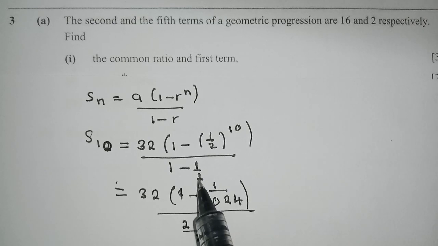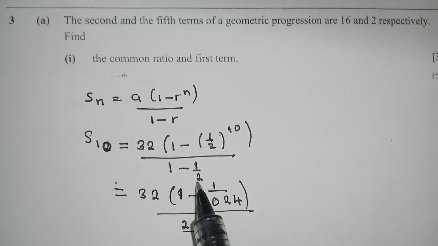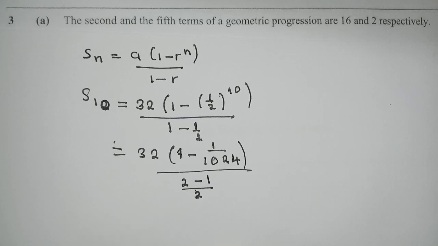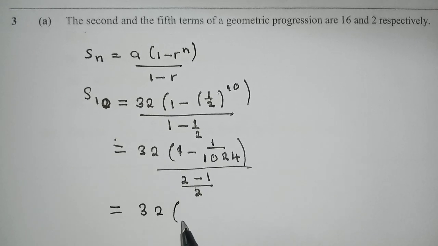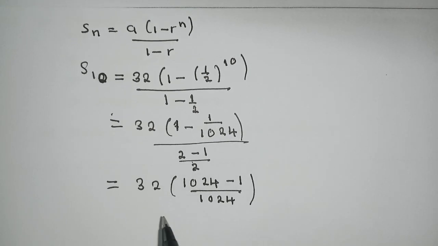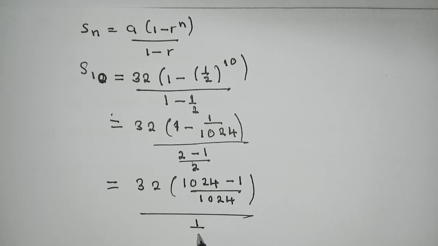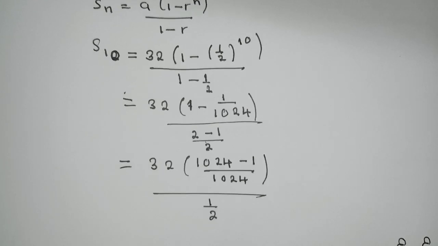Here 2 as a common denominator, so 1 into 2, it's 2. 2 minus this 1. So here we work out things. We have 32 here multiplied by 1024 minus 1 over this, over 1 over 2. If you work out things here, we'll get 1 over 2.